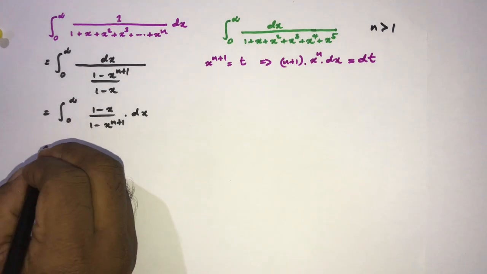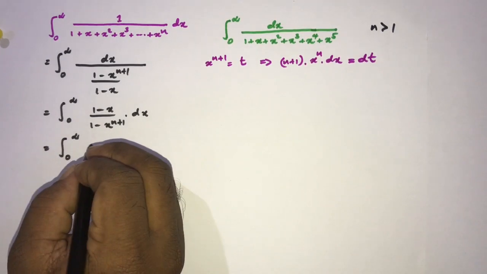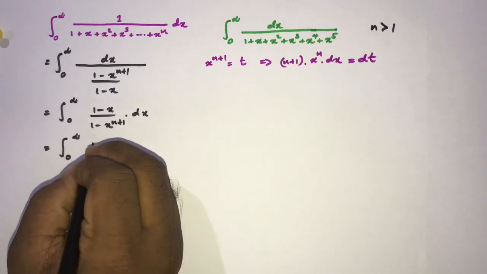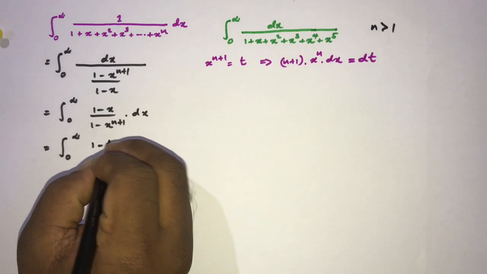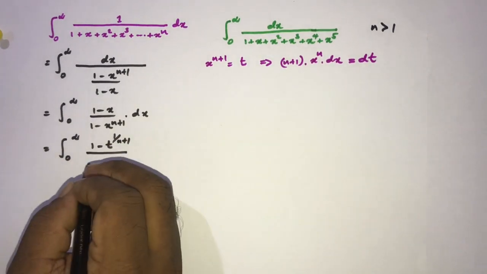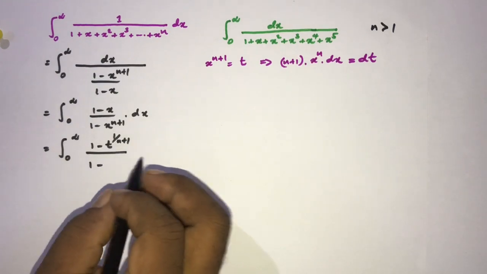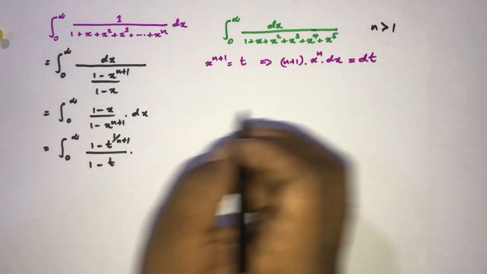Then we can plug in the limits, still 0 to infinity. Here 1 minus x becomes 1 minus t to the 1 over n plus 1, over 1 minus t.